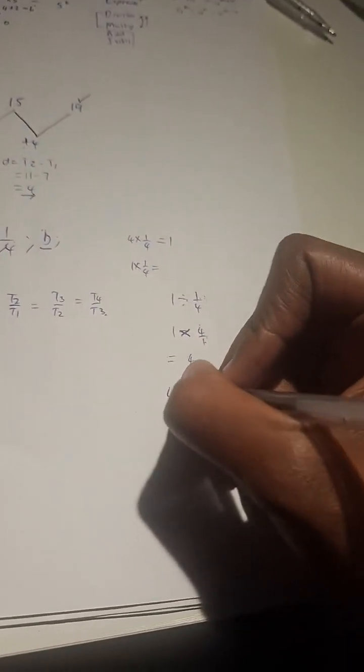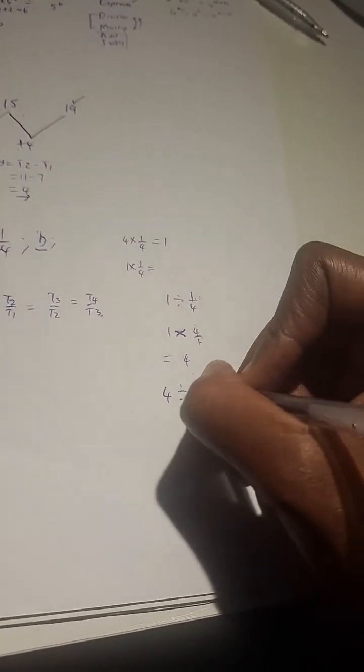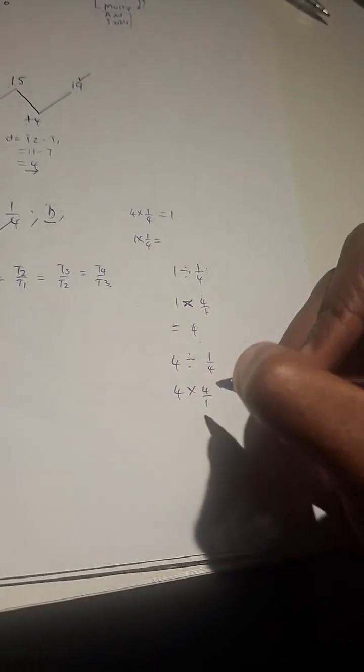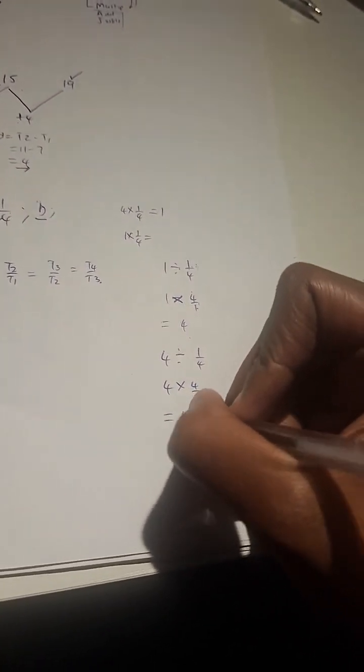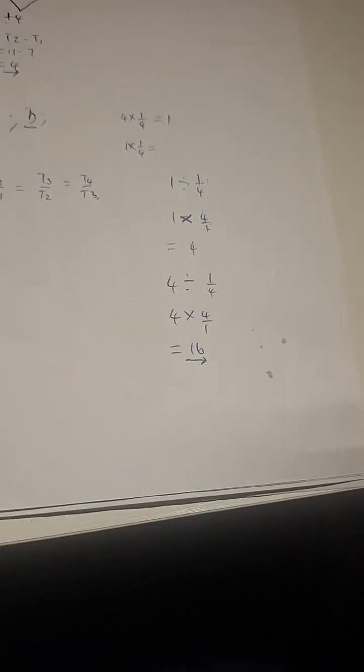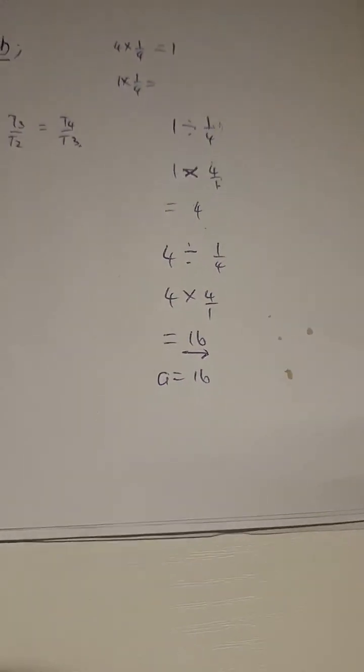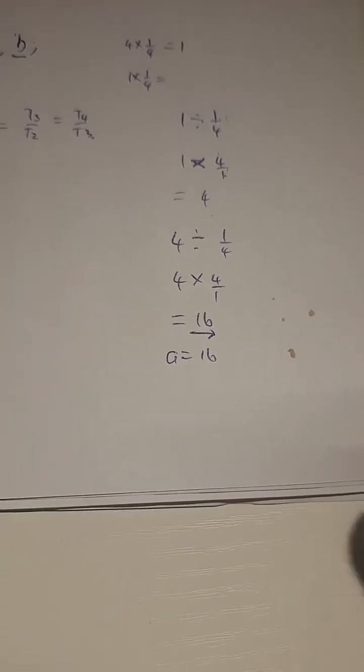That's the same thing as 4 times 4 over 1, which gives us an answer of what? 16. So my a value is 16. I hope we are together here, guys, flowing together with this.